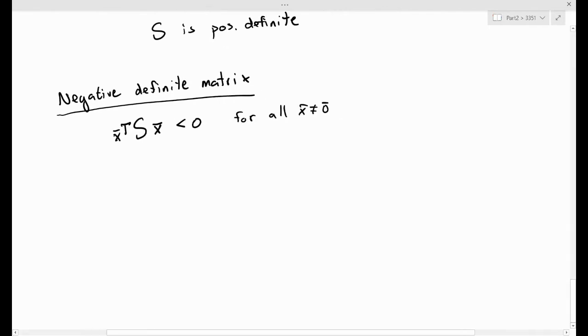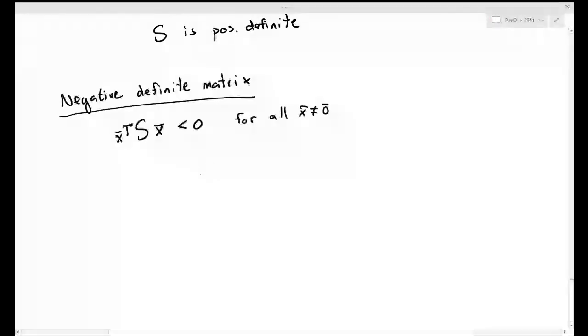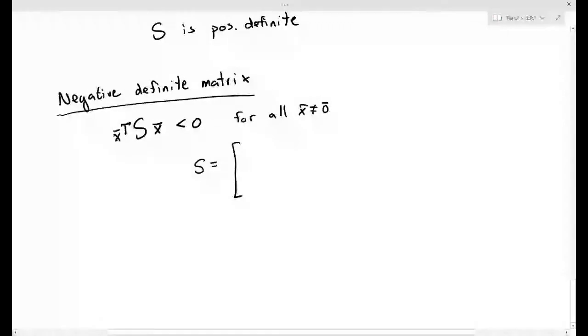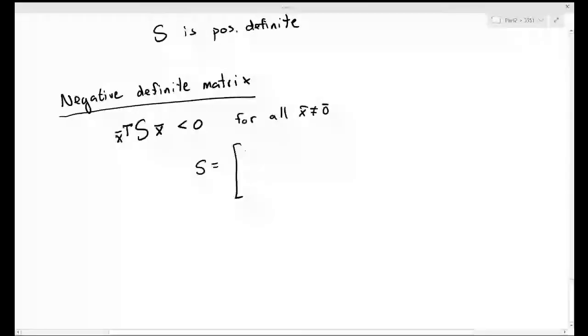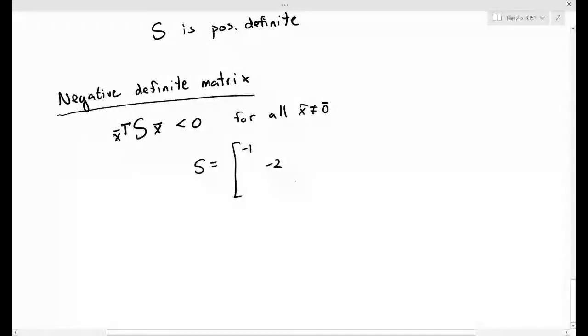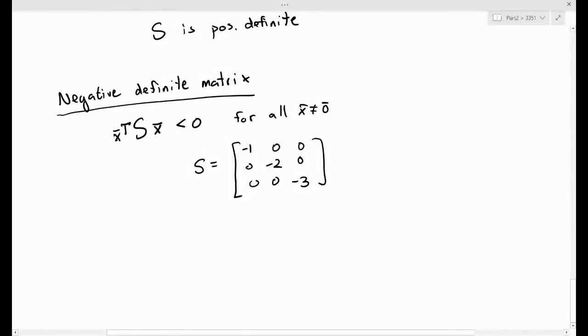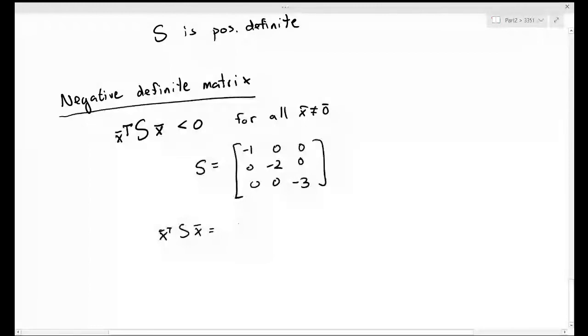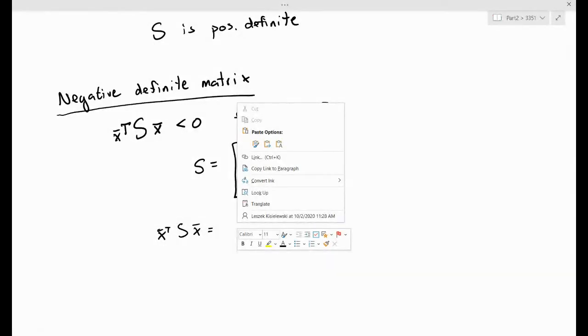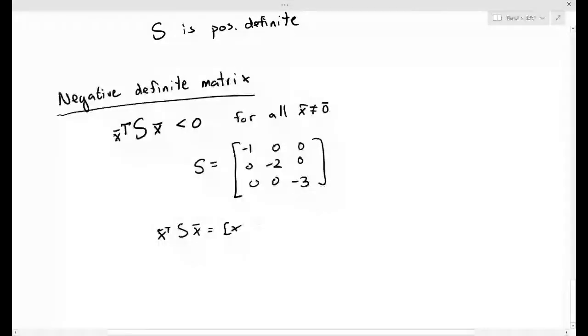Well, let's look at an obvious negative definite matrix, the simplest one being one that's diagonal. Right, so if you have X transpose S times X, that would give you, let me just write it out.